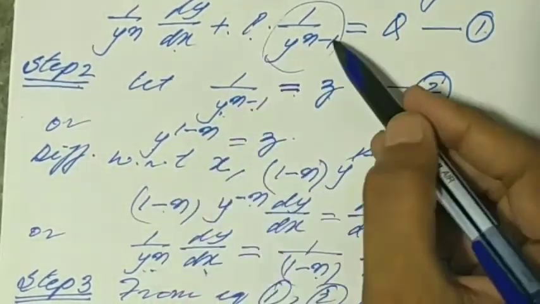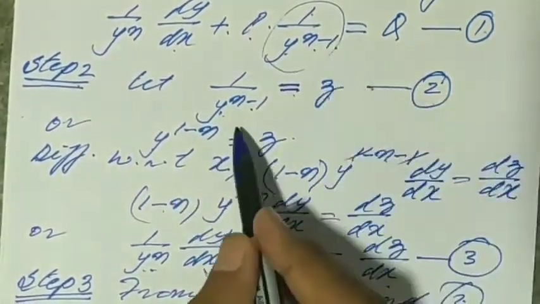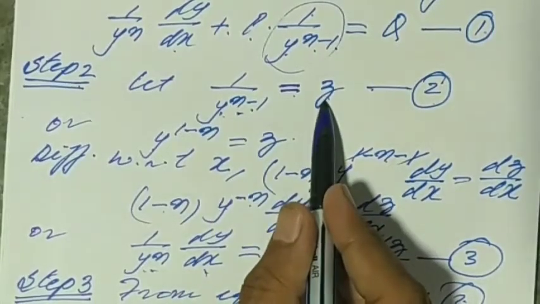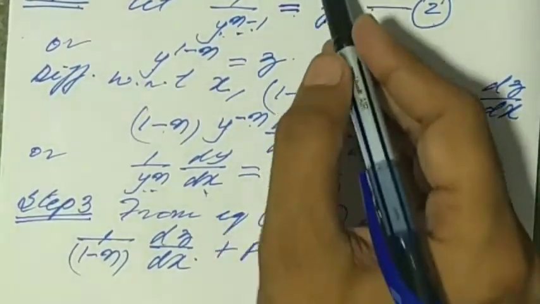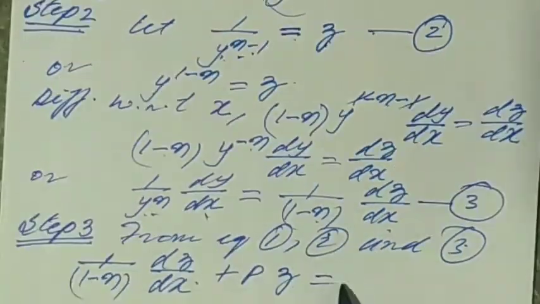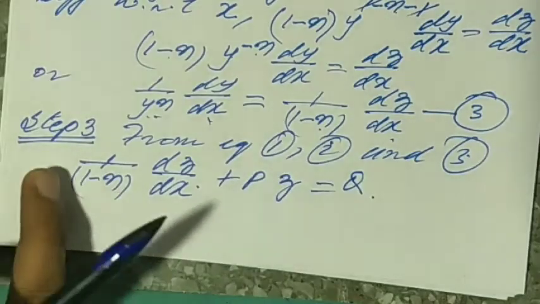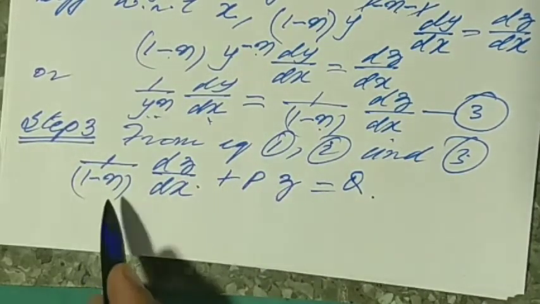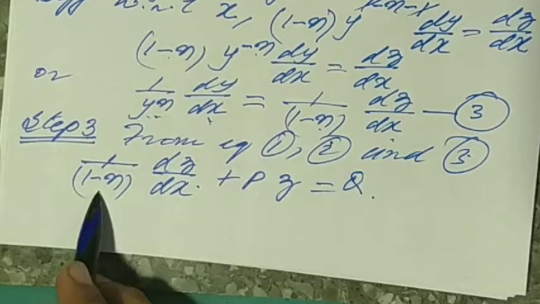After that plus p is there, and 1/y^(n-1) is assumed as z, so from equation number 2, here we write z, on the right hand side only q. After that we have to multiply both sides of this equation by this expression 1 minus n.